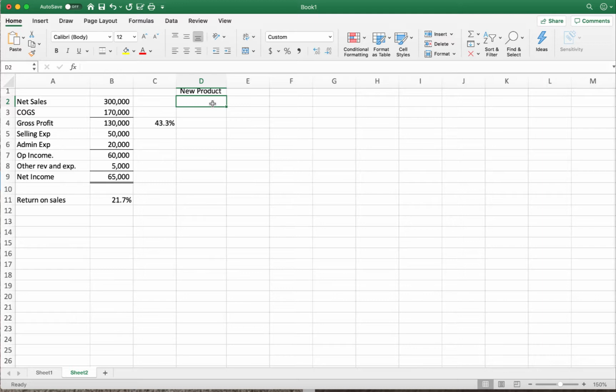So in the problem, they tell us that Ashley is thinking about adding on a new product, and Ashley expects that net sales are going to rise by $32,000, and the cost of goods sold that are associated just with this new product is $26,000. They tell us there's no other income or expenses that we should expect from adding on this new product.